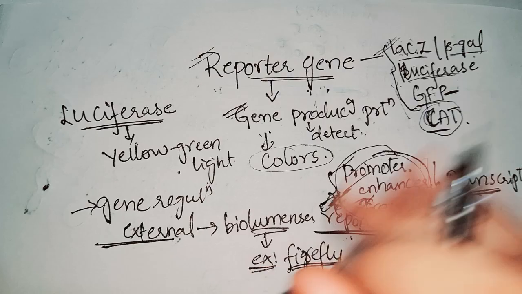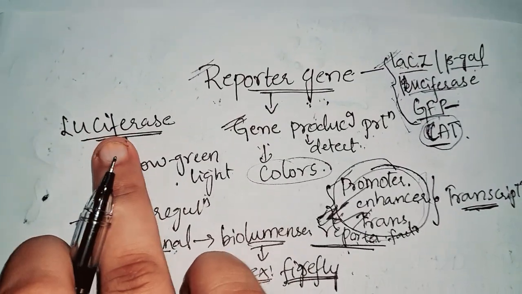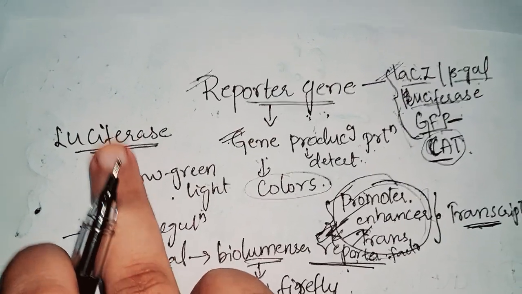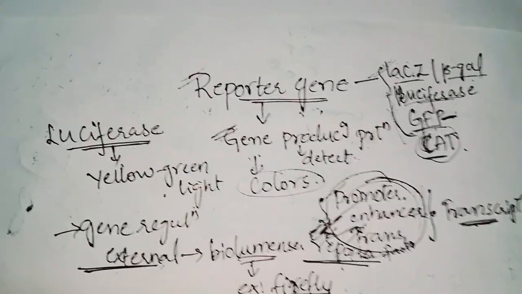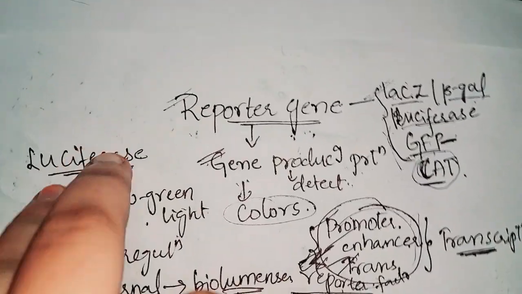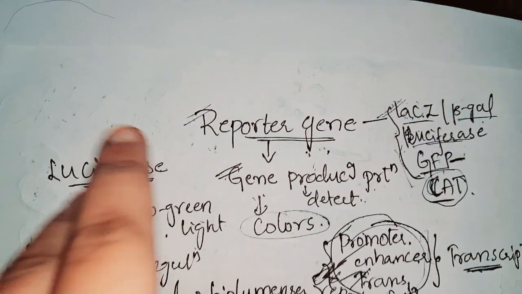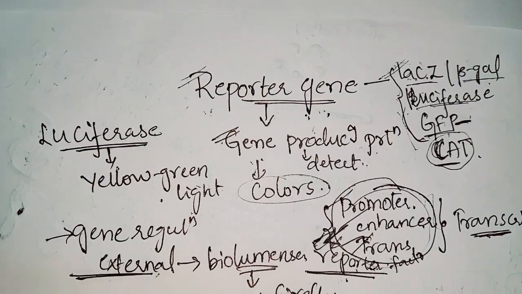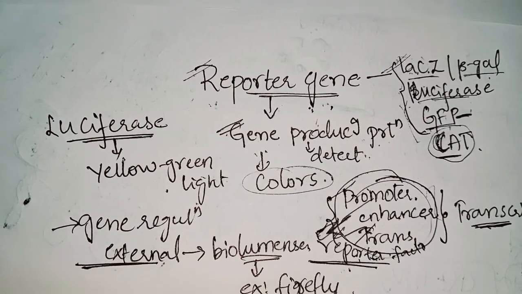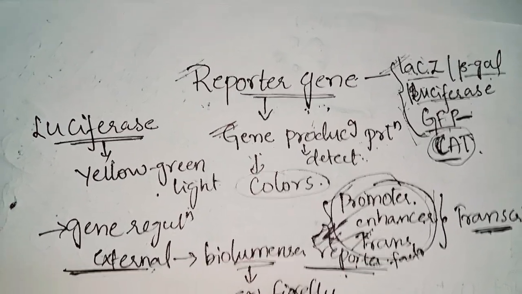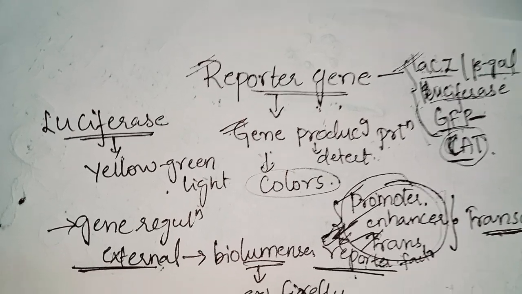Now we'll discuss the luciferase reporter gene. What is this luciferase? Luciferase is present in a firefly. Firefly is a jugnu, in our terms we call it jugnu. It produces bioluminescence.